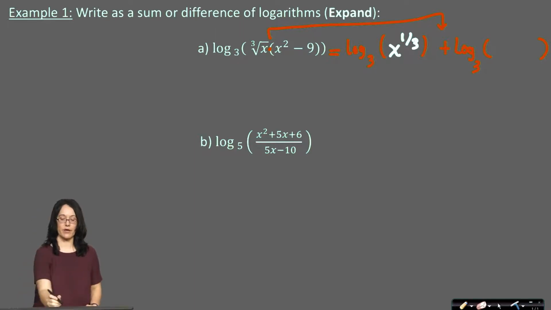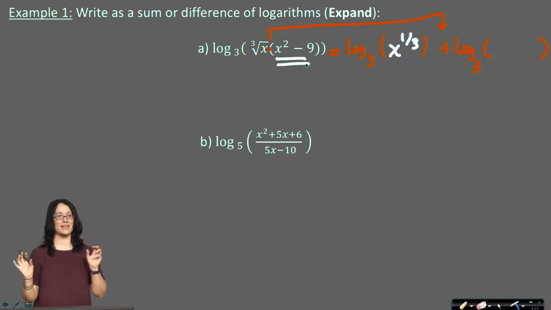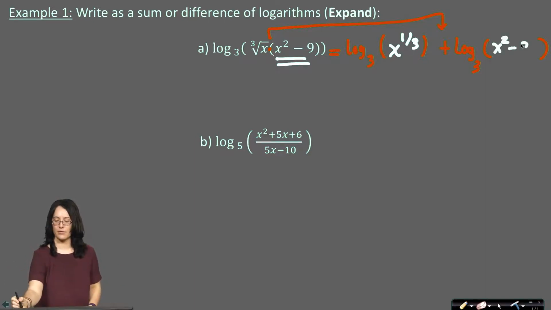Okay, now I go to my second factor, if you will. So I have something times something, they're multiplied, those are called factors. X squared minus 9. Well, I could copy that right now. That's true. But what we want to look for when you're expanding is there any other product or quotient, meaning division, inside of arguments? If so, I need to separate. Also, are there any powers that I could bring in front?